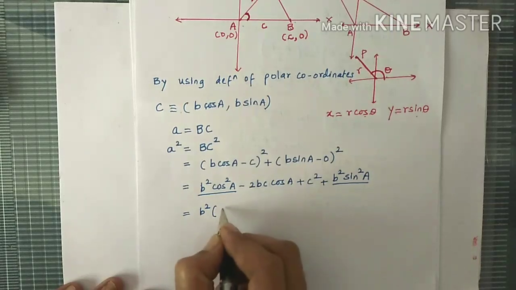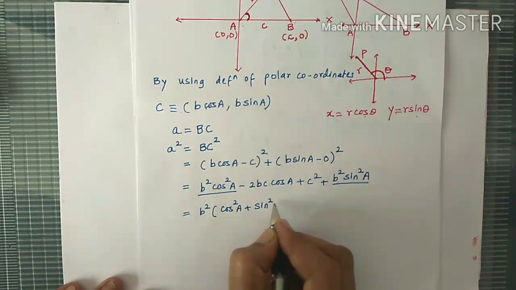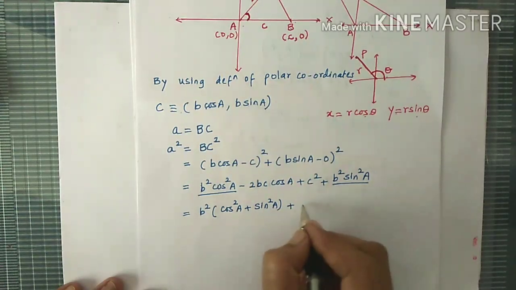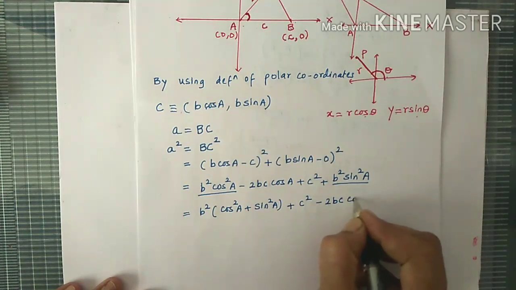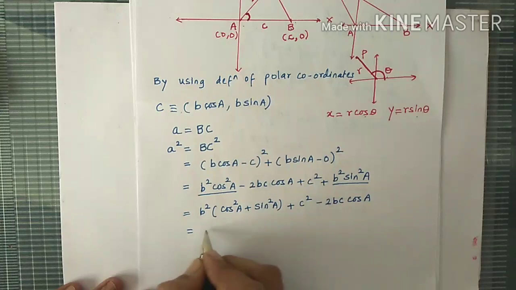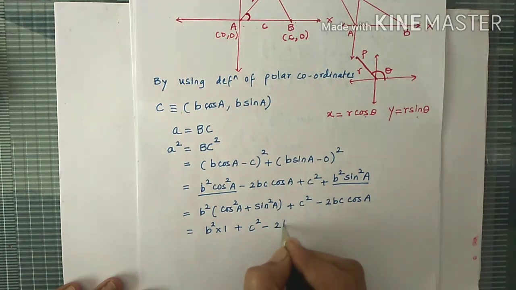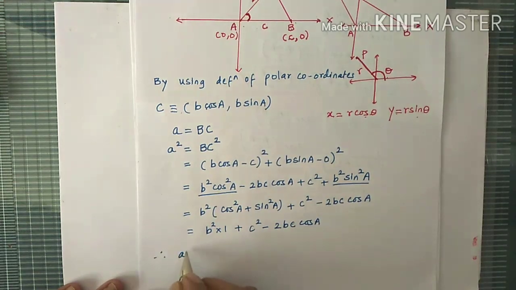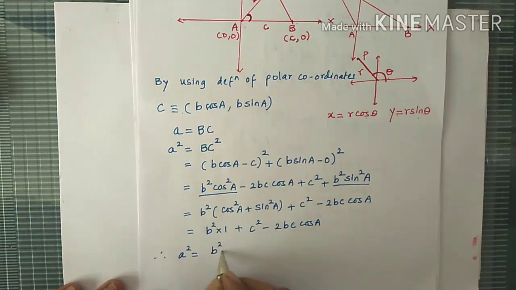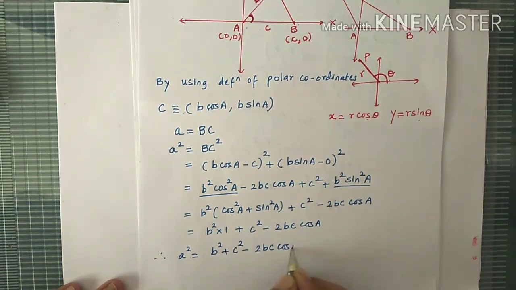So b square into bracket cos square A plus sin square A. Then let's write this c square and the remaining term minus 2bc cos A. So b square into 1, since cos square plus sin square is 1. So b square into 1 plus c square minus 2bc cos A. Therefore, a square equals b square plus c square minus 2bc cos A.